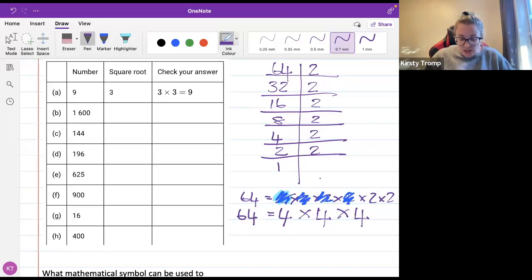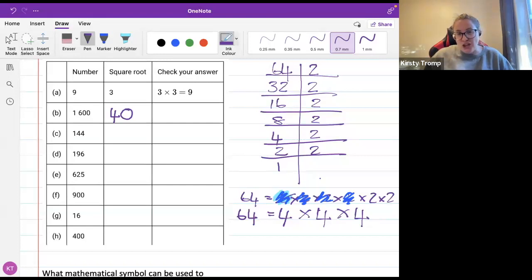The square root of 16 is equal to 4. And then I see 2 zeros. If I'm going to square a number that's got a 0 in it, I'm going to see the 0 twice. So that means that my square root of 1,600 is going to give me 40.